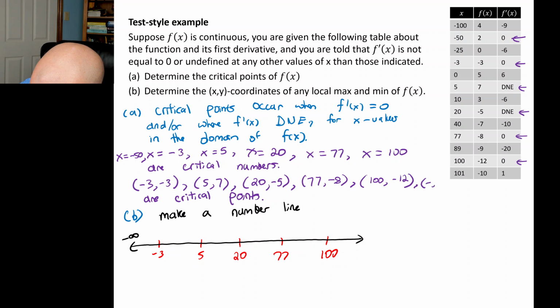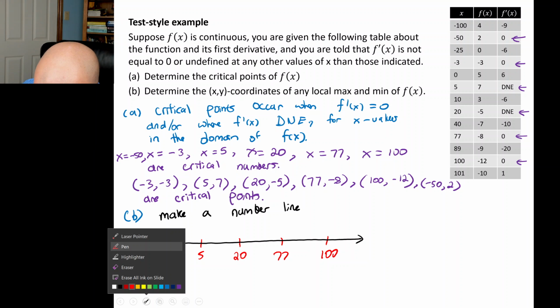So -50 comma 2. Gotta throw that in there. Almost missed that. So -50, -3. There, okay.